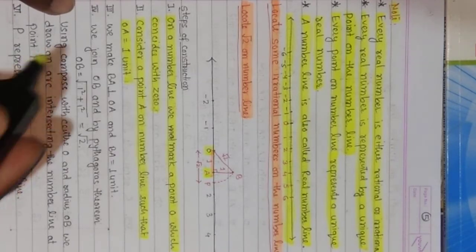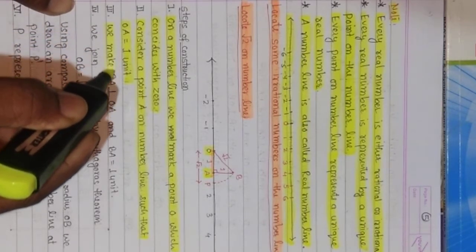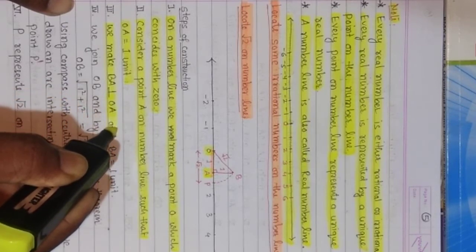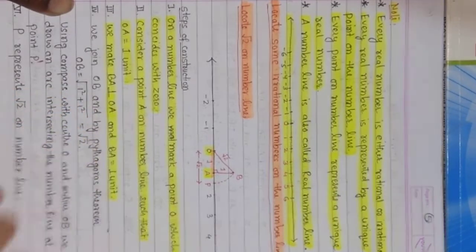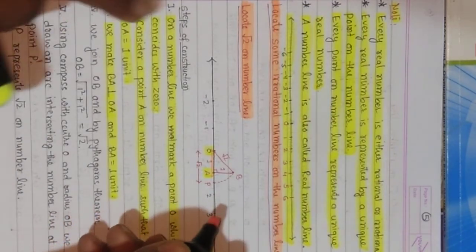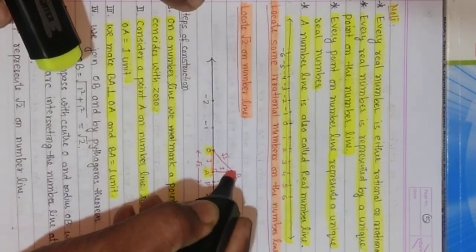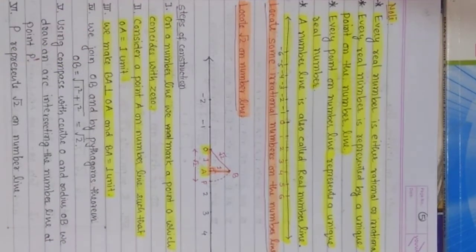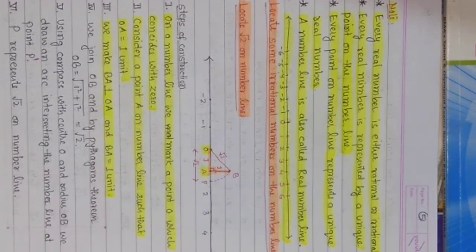Next, we make BA perpendicular to OA, and BA equals 1 unit. At point A, we make BA perpendicular to OA and BA equals 1 unit.